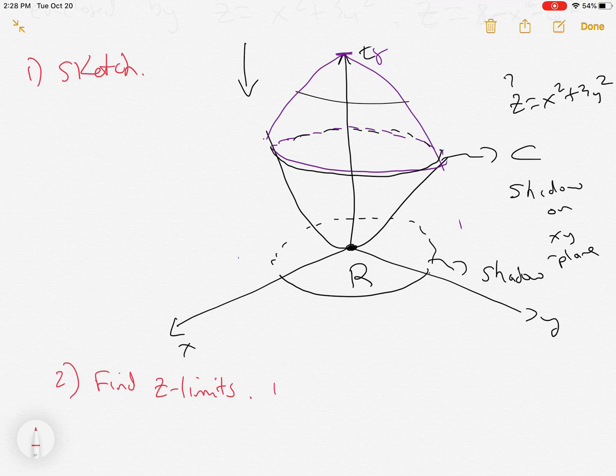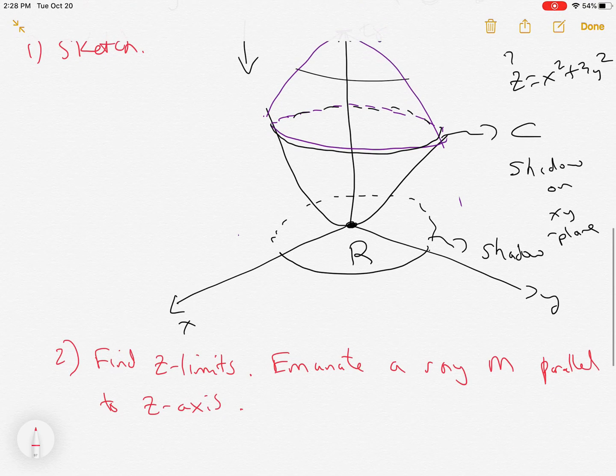So here's what you do. You emanate a ray, call it M, parallel to the z-axis, coming from the south, right? So here's my ray M. It's going to intersect R, and it's going to come up, and then it's going to hit this guy, and that's the entrance wound.